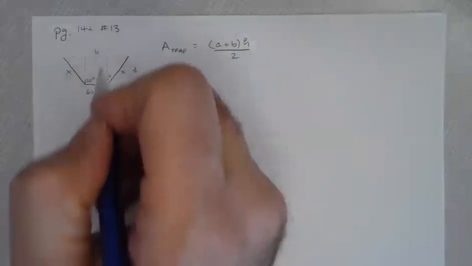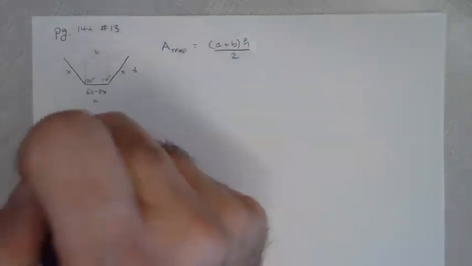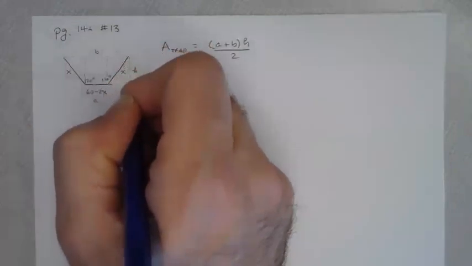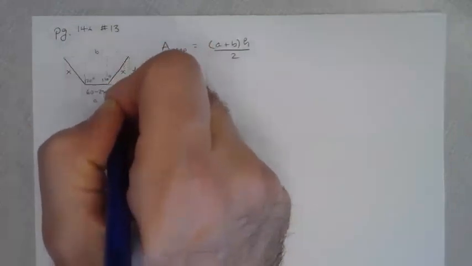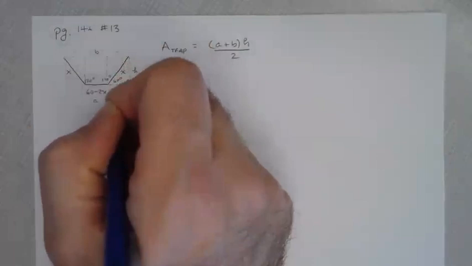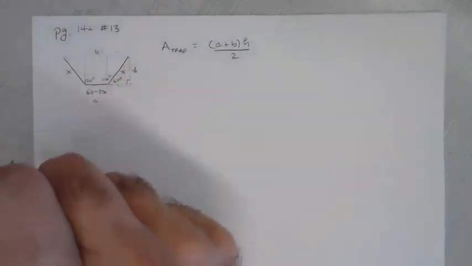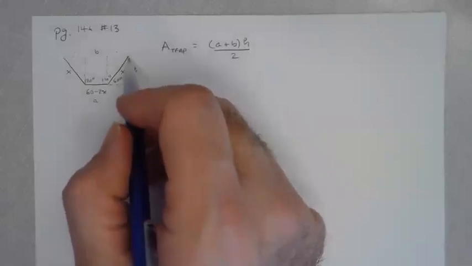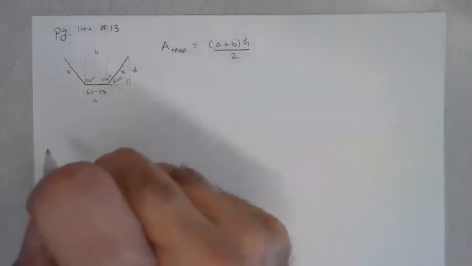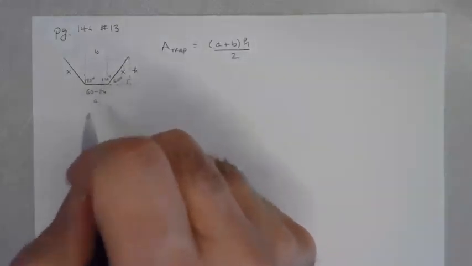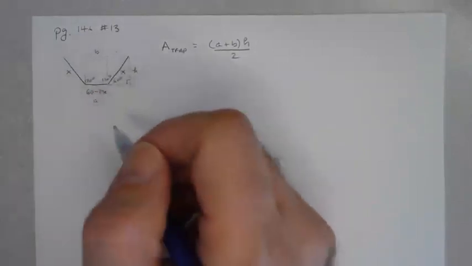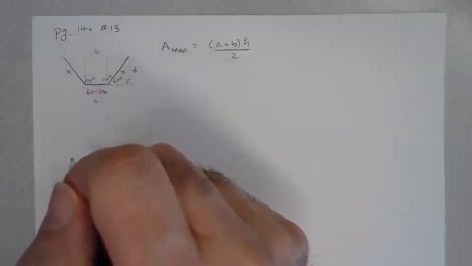So I just have to determine these two side lengths, which again, I notice are the side lengths of this, is the adjacent side to this right angle triangle. And then the height is also a side length in this right angle triangle. All right, so I think I should have enough information to write everything in terms of this variable X.